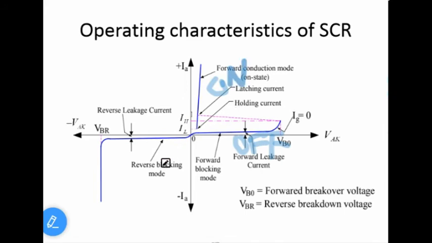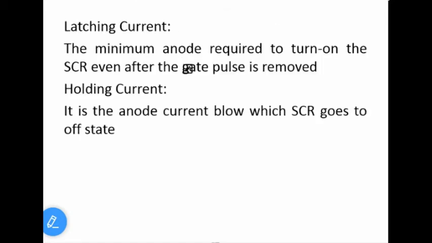Now, there are two important currents we need to discuss, called the latching current and the holding current. Latching current is the minimum anode current required to turn on the SCR even after the gate pulse is removed. It means that if you apply the gate pulse, the SCR will turn on. But if the current is still below the latching current and I remove the gate pulse, the SCR goes to the off state.